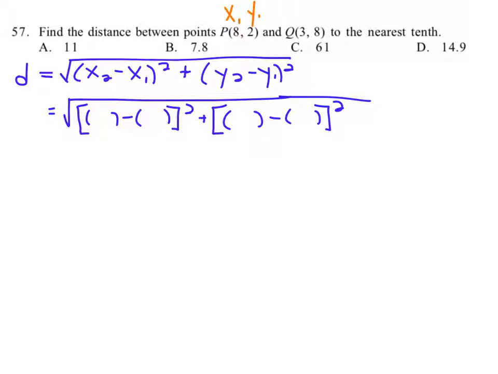And what if point Q was the second point, so we call that x2 and y2. Then we say x2, 3, minus x1, 8, and y2, 8, and y1, 2.